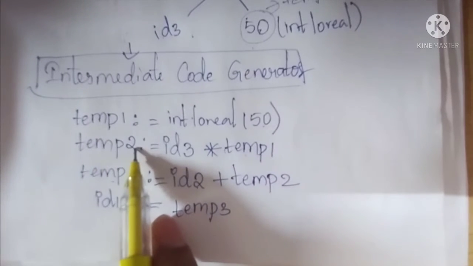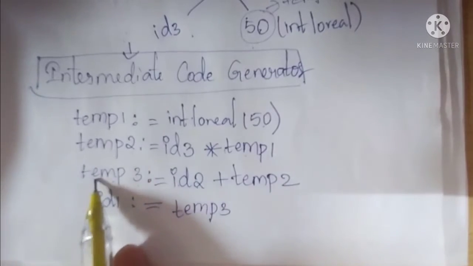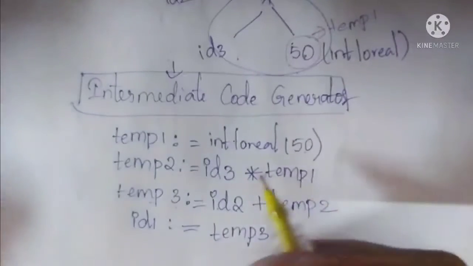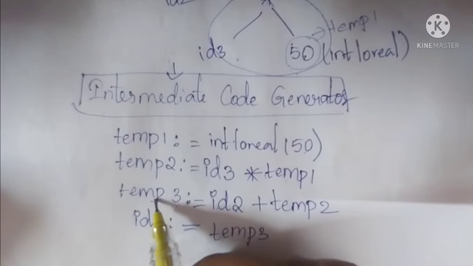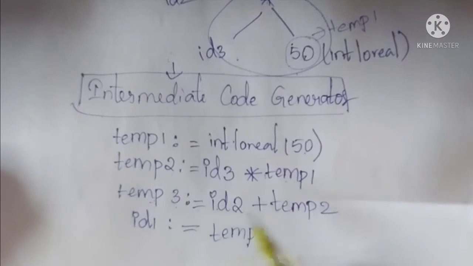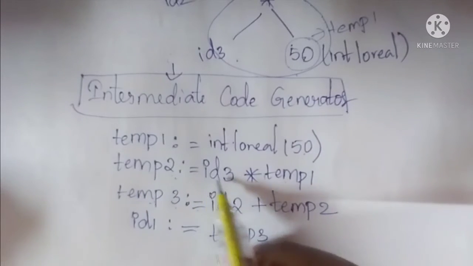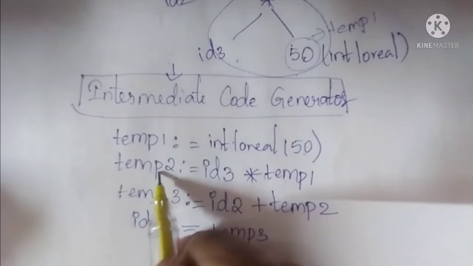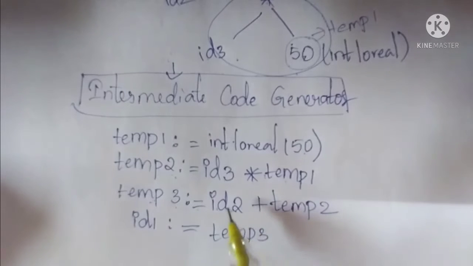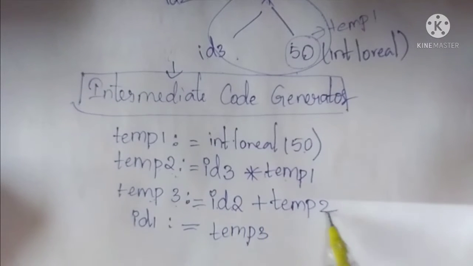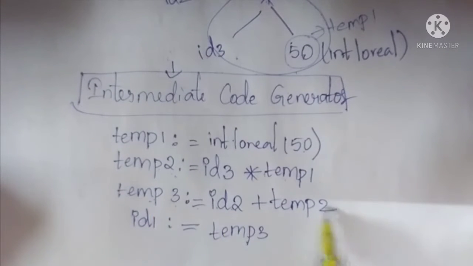Okay. Next, take the next one. temp3 is equal to id2 plus temp2, meaning id3 into temp1 is stored in temp2, so id2 plus temp2 gives the result, and this output will be stored in temp3.